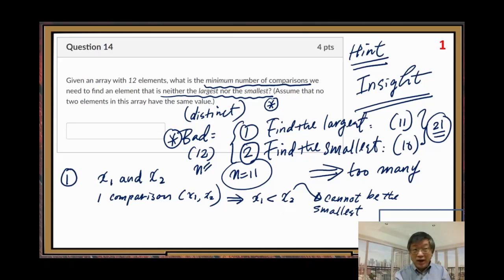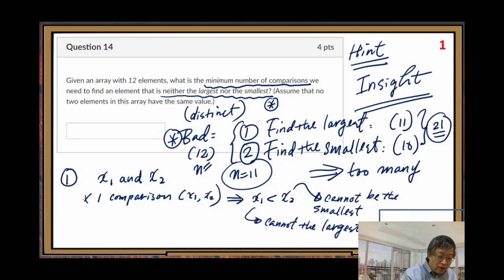Another thing, X1 cannot be the largest. Here you can see, you only need one comparison to get information like this. X2 cannot be the smallest. X1 cannot be the largest.